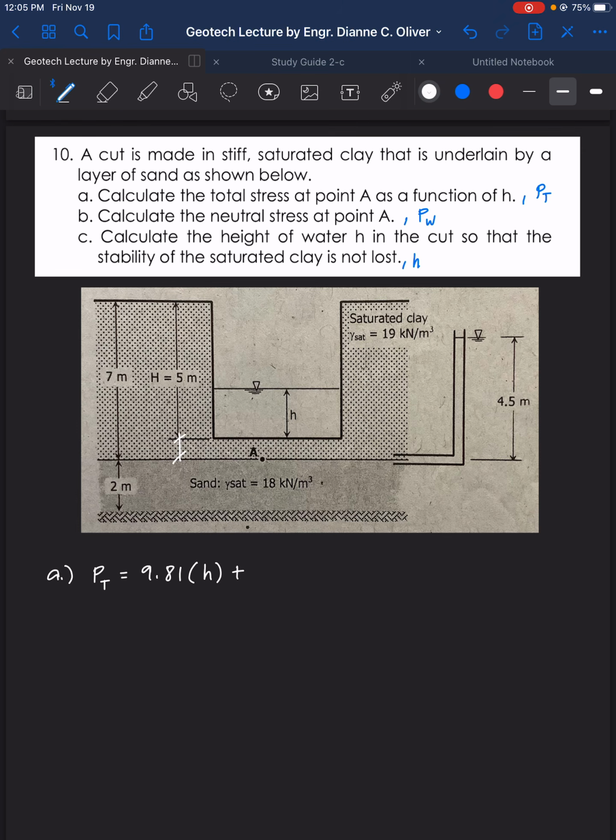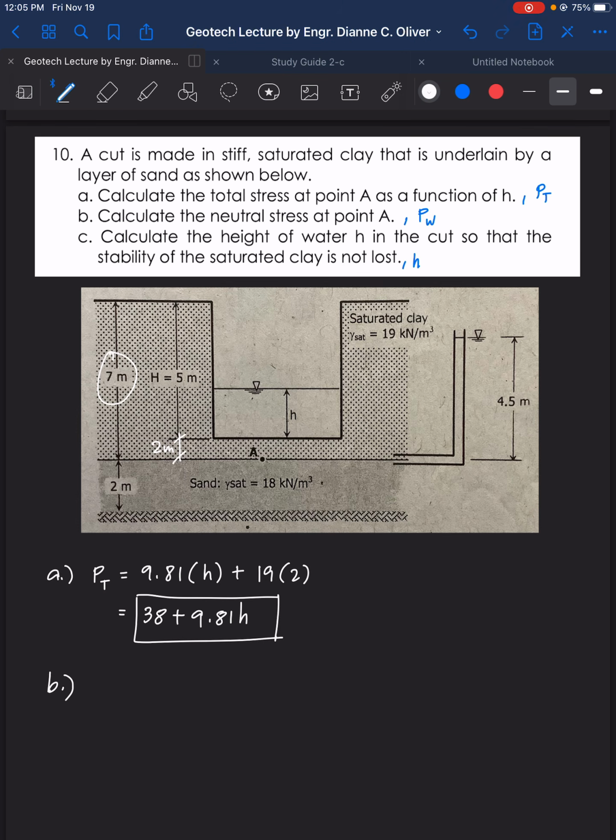This is 7 minus 5, so we have there 2 meters. So 19 times 2. So P total now for point A is equal to 38 plus 9.81 H. It says there as a function of H.